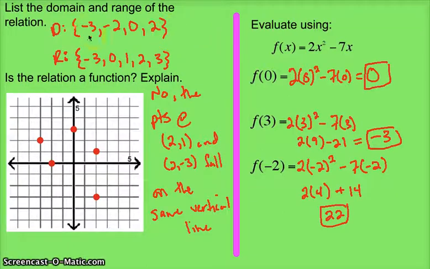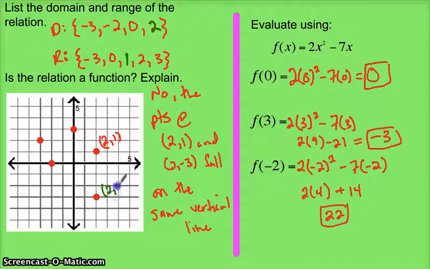Alright, here are your answers for you. All I did was take a look at all the points that are on the graph, such as the point (2, 1) right here. And remember that the x value is going to fall in the domain, so right here. And the y value is going to fall in the range. You might notice that only 4 numbers appear in the domain. That's because 2 of the numbers repeated.